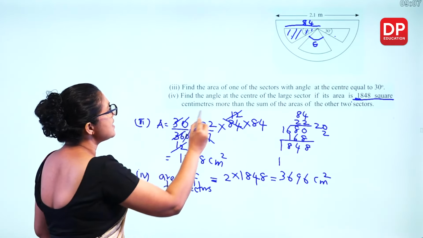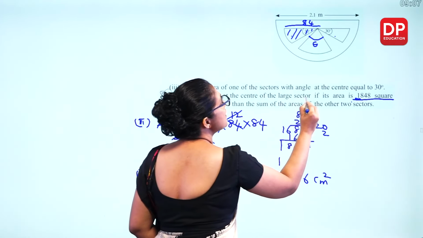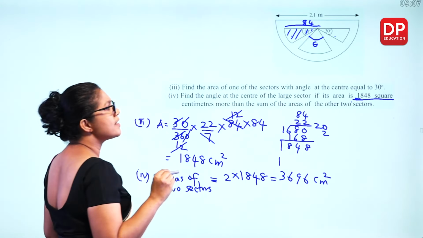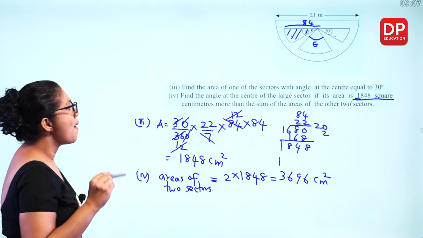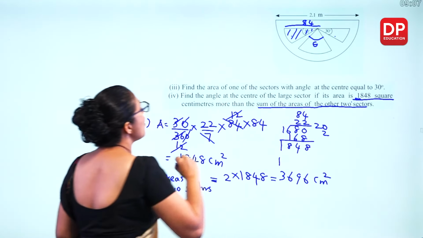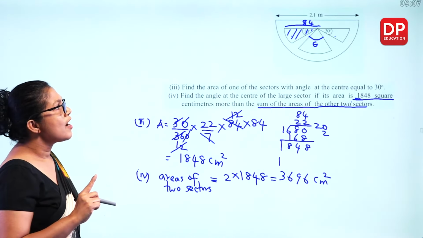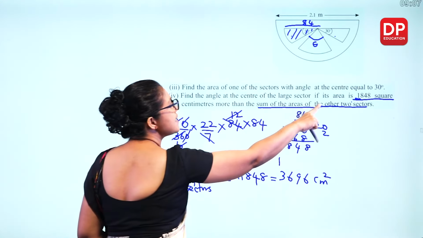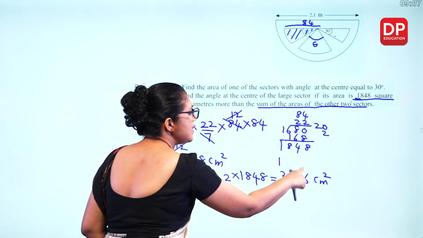So here it says the center of the large sector, if its area is 1848 square centimeters more than the sum of the areas of the other two. Now what's the area of the big sector? 1848 more than this.